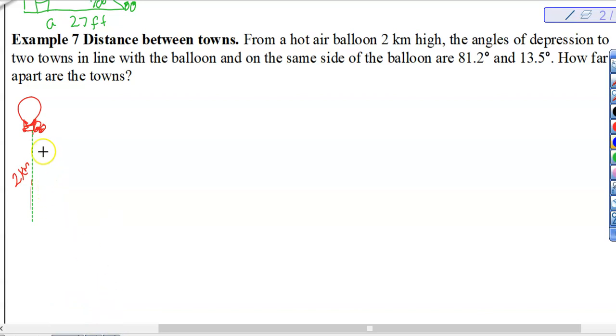Okay, so I'm going to take my angle of depression. So that would be this line here, okay? The horizontal, and I'm going to depress my eyes 81.2 degrees. So tell me when I passed through. Let me know when you think I've gone 81.2 degrees down.